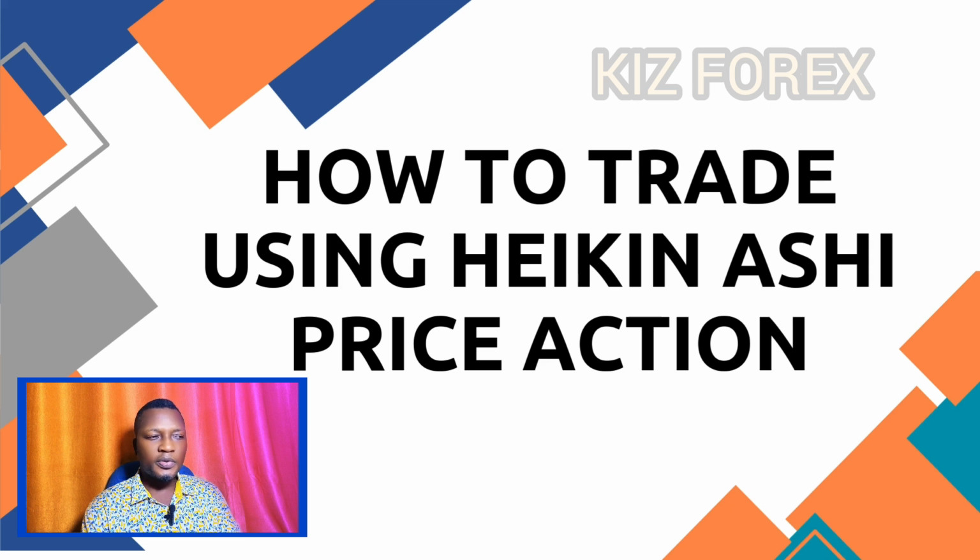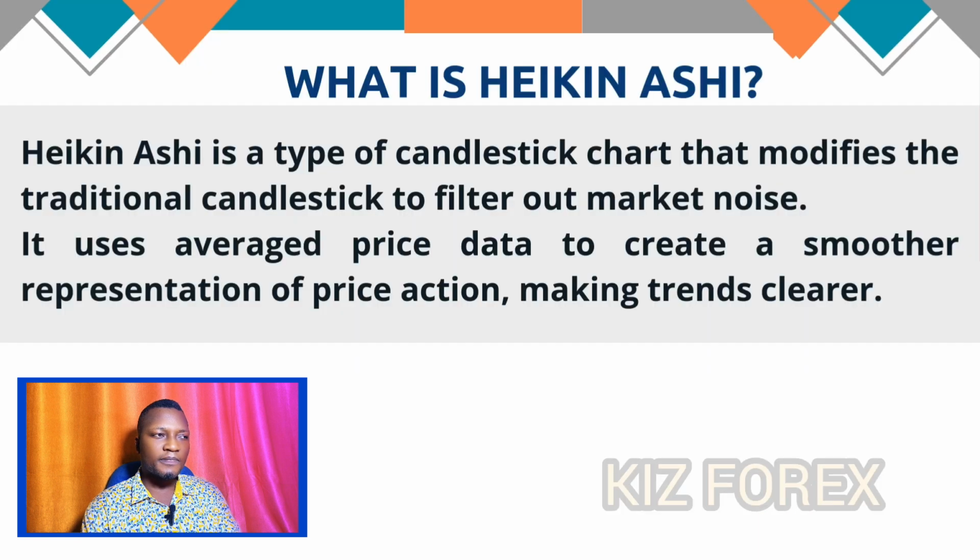Here is a guide to help you understand and start trading using price action on Heikin-Ashi chart. What is Heikin-Ashi chart? Heikin-Ashi chart is a type of candlestick chart that modifies the traditional candlestick to filter out the market noise.